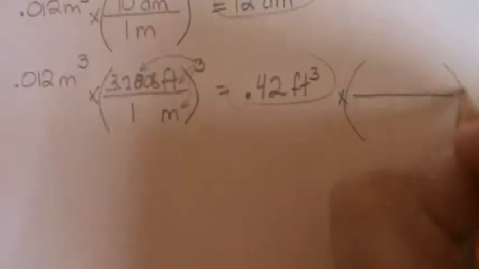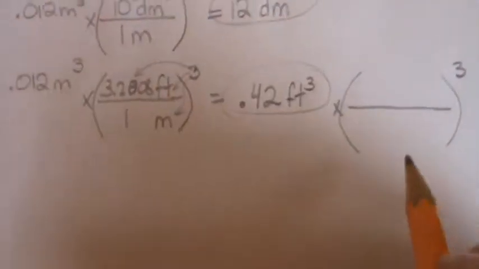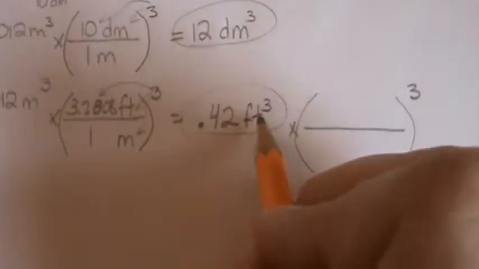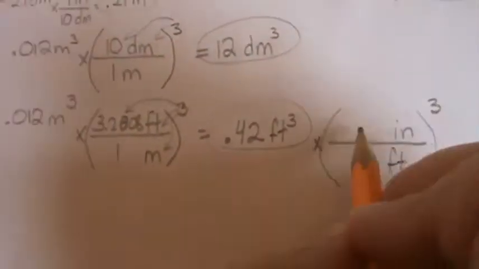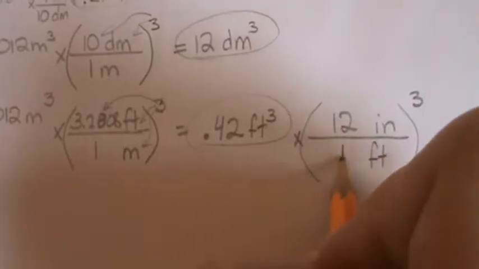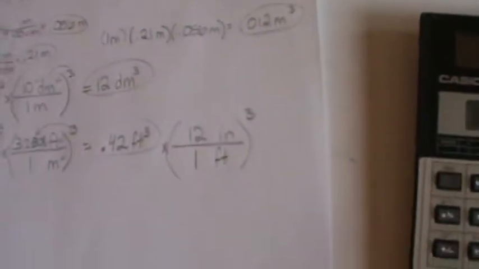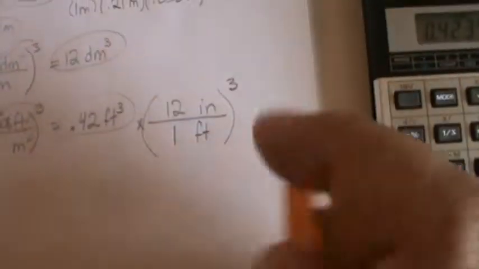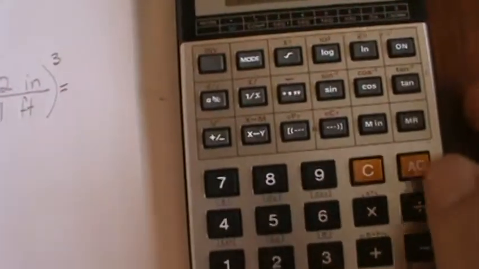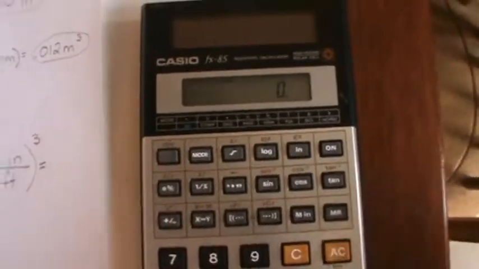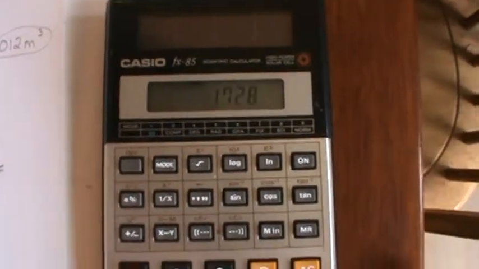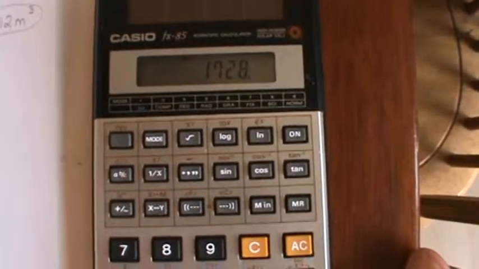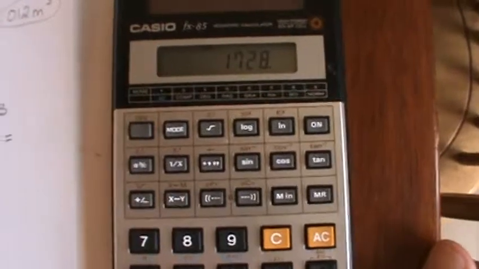Now I need to change this to inches cubed. So again, I'm going to be doing my cube within my problem. And I have feet on the top. Oh, I need feet on the bottom to inches. And I know that there are 12 inches in 1 foot. Okay, so I come back to my calculator and I cube 12 to get 1,728. Hopefully that's correct.